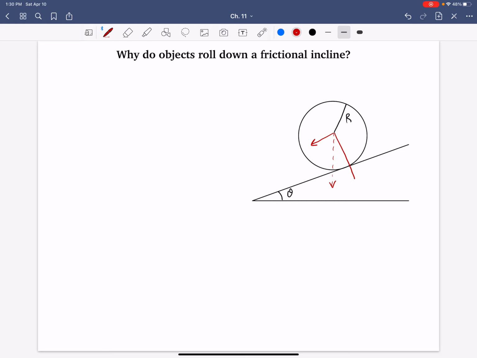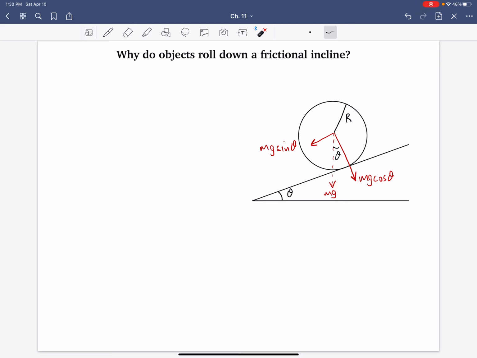And that angle is theta there. If this is mg, this will be mg cosine, since that's the component next to the angle, the one that touches. This will be mg sine of theta, since that's the same as this vector, which is opposite to the angle.